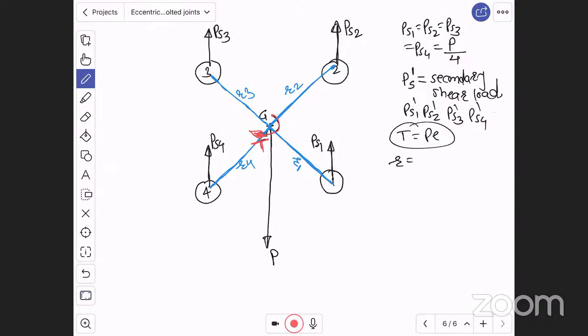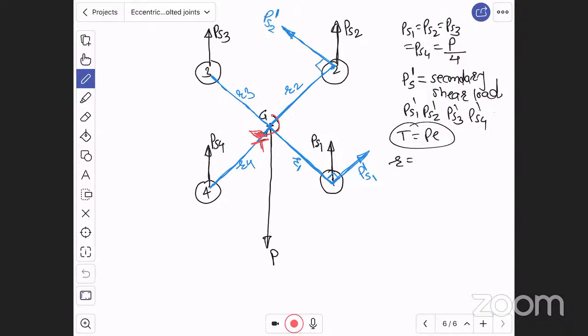Therefore, the secondary shear load will come like this. PS1 dash, perpendicular to radius, but creating moment or torque in anti-clockwise direction. Again at 2, perpendicular to radius, creating torque in anti-clockwise direction, PS2 dash.